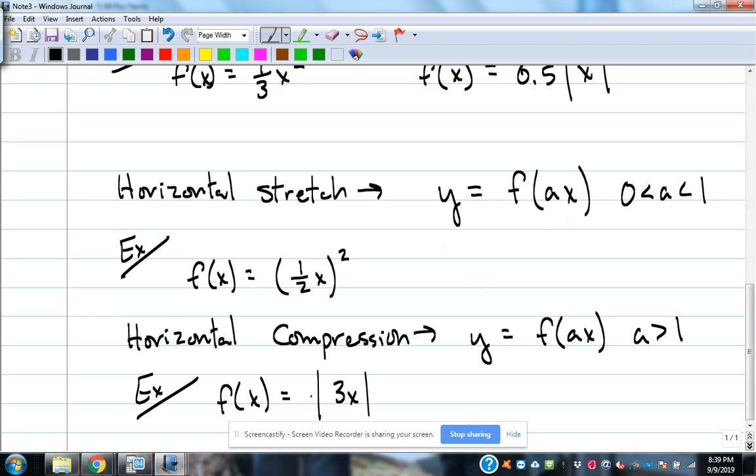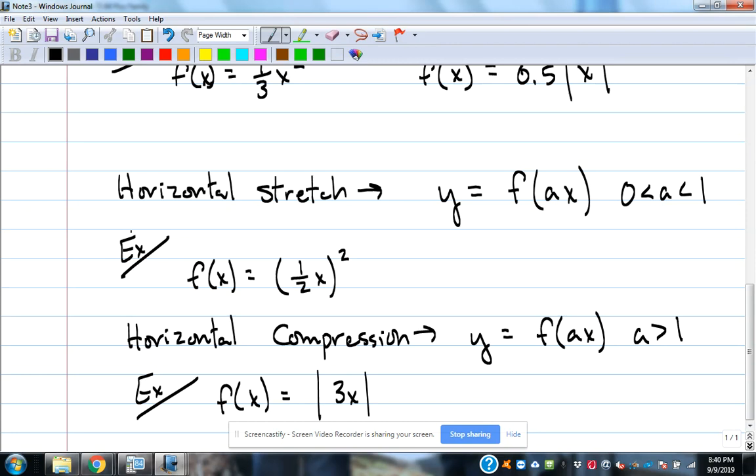That's what that does. Number multiplied on the inside, that's a big number, it's going to be a horizontal compression. Notice that's the opposite of when you multiply by a big number on the outside. Horizontals and verticals do opposite things. Okay. So there's shrinks, compressions, or stretches out of that.